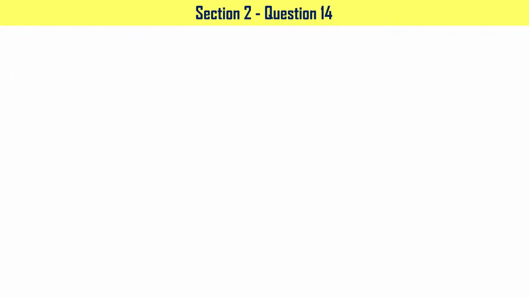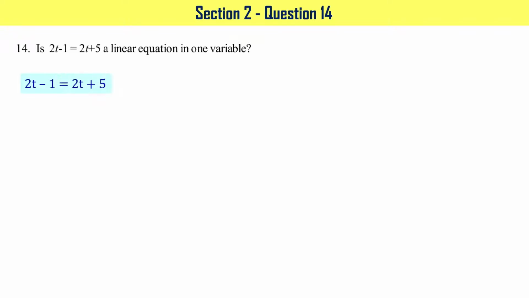Question number 14. Is 2t minus 1 equal to 2t plus 5 a linear equation in one variable? Let's rearrange this equation. This can be written as 2t minus 2t equal to 5 plus 1. Right? When you simplify it, it becomes 0 equal to 6.